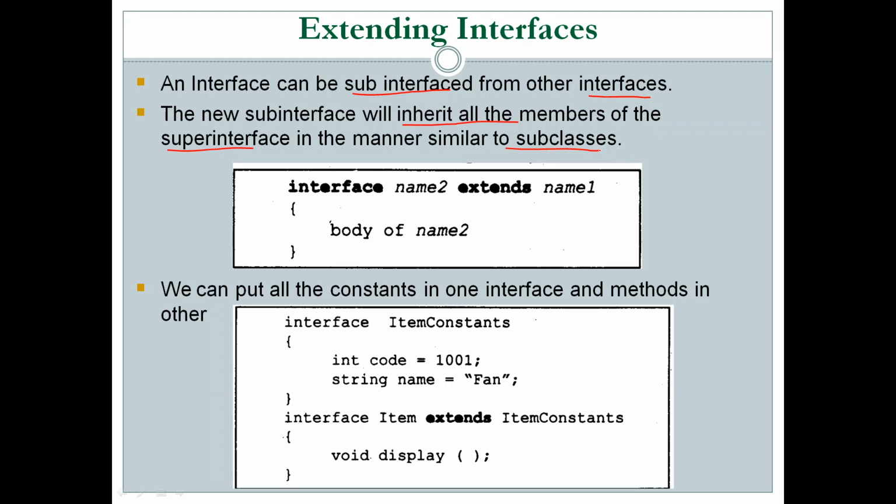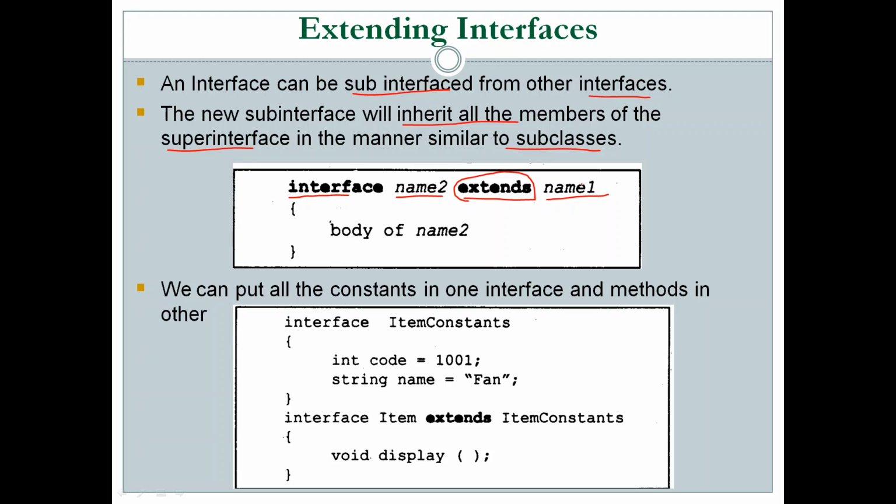Now look at this syntax, how one interface can inherit from another interface. The syntax is very similar. So we have interface name2, this is the name of the interface, and the keyword extends is used again. The keyword extends is used to inherit from another interface, followed by the name of the interface from which we want to inherit.